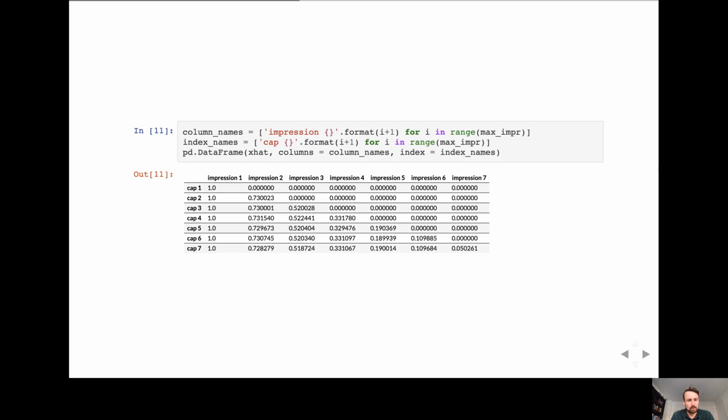And we can see the probabilities that a user who has had frequency cap 2 will have had the first impression, which is always 1 for all of our users, because we only have users that have at least 1 impression in our data set. And then there's a probability of 0.73 that a user with a frequency cap of 2 will also have had the second impression. So this is what our x hat data looks like.